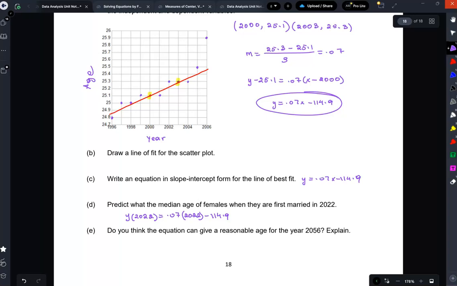Do you think the equation can give a reasonable age for the year 2056? Well, my prediction would be no, because this is in 1996, that's when we start. And then in 2056, now it's 60 years after, and that's a whole generation different, right? So much will have changed that I would say no.